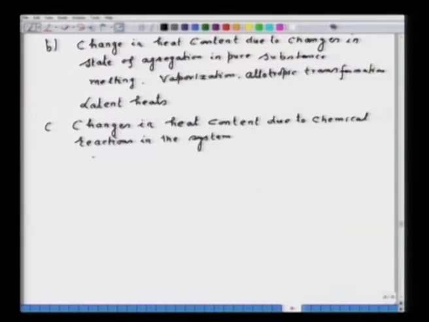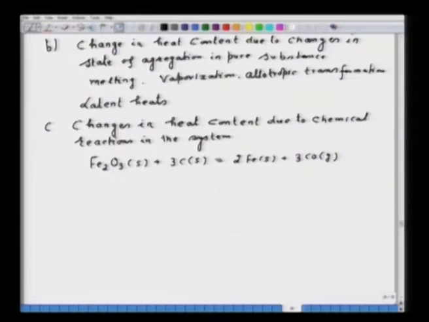Now, for example, if you take a reaction, say Fe2O3 solid plus 3C solid, that is equal to 2Fe solid plus 3CO gas, you are required to find out the heat of this particular chemical reaction.